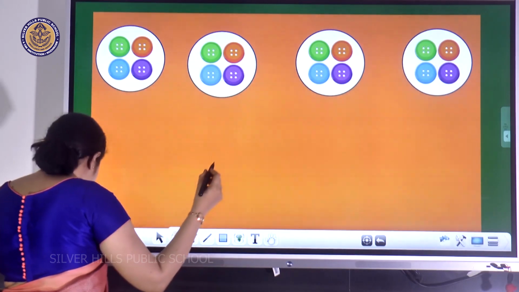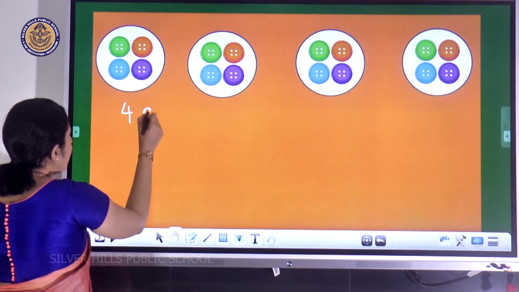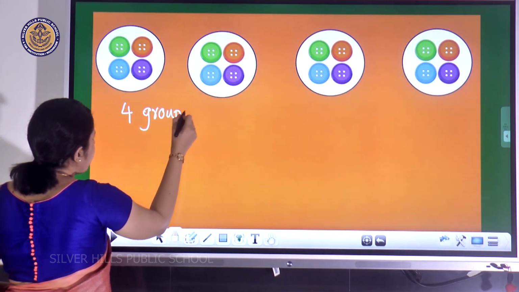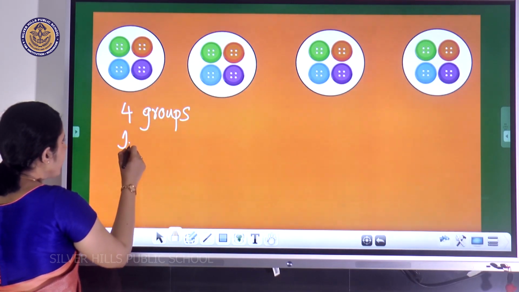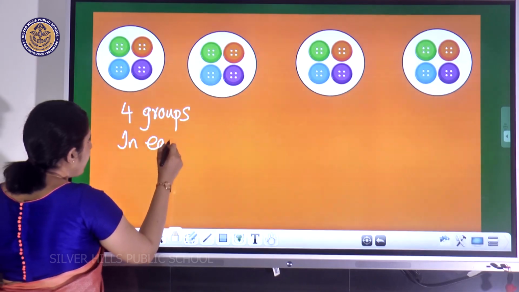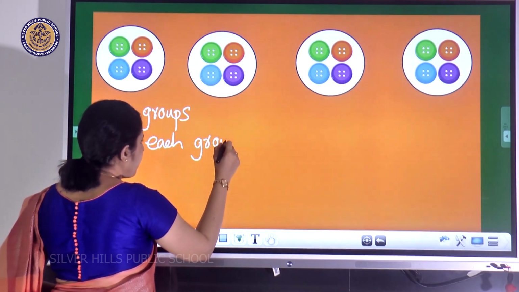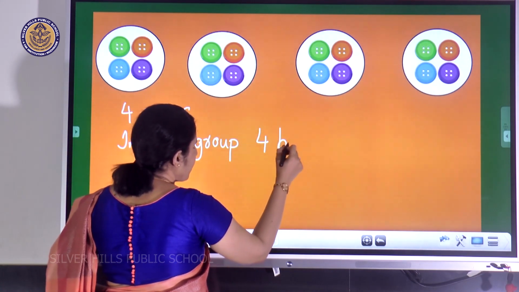So, let me just write it down for you. 4 groups, in each group 4 buttons.